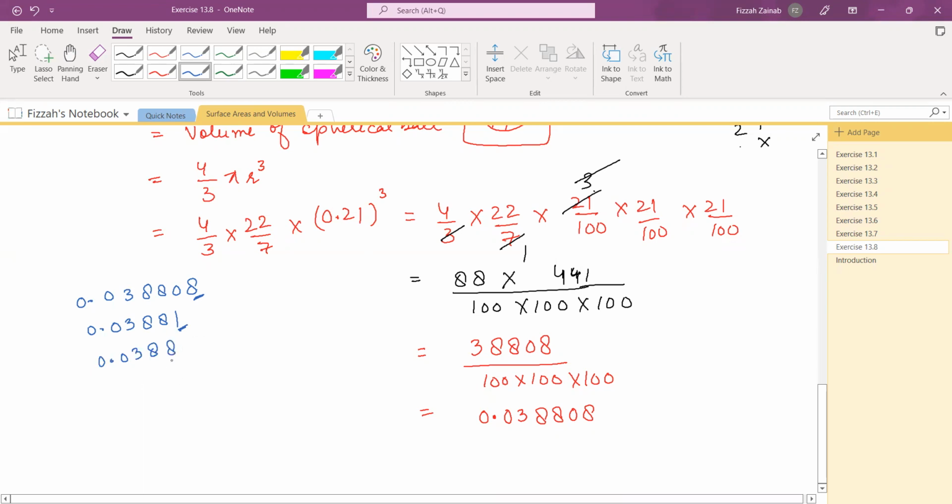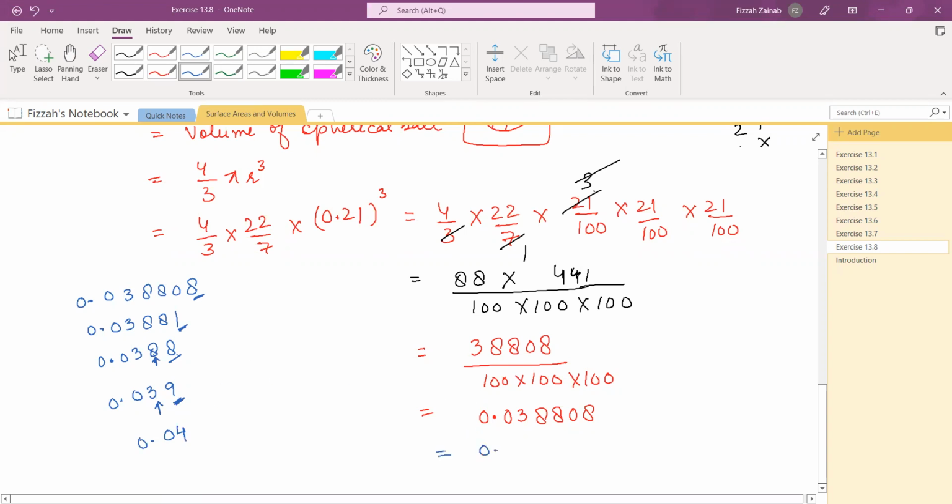Now again, I want to round off this 8. It's greater than 5, so this number is going to become 9. So I'll get 0.039, right? Now, since this is greater than 5, this number is going to become 4. 0.04. I'm getting up to 2 places of decimal, so I'll leave it here.